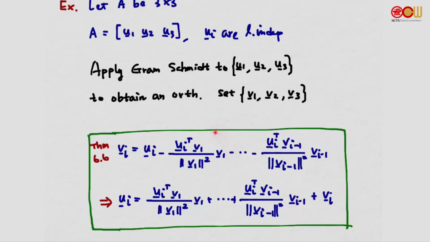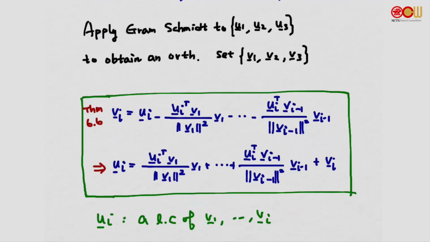Now let's move all these orthogonal projection terms to the left-hand side. Then on the right-hand side, we get ui. And on the left-hand side, now we have moved all those vectors here. They would be these orthogonal projection terms plus vi. And we immediately see this is actually a linear combination.